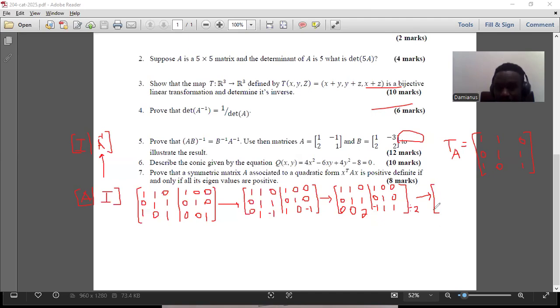This one we divide by 2, we just get 0, 0, 1, and then you have minus a half, and then we have a half, then we have a half. All right.